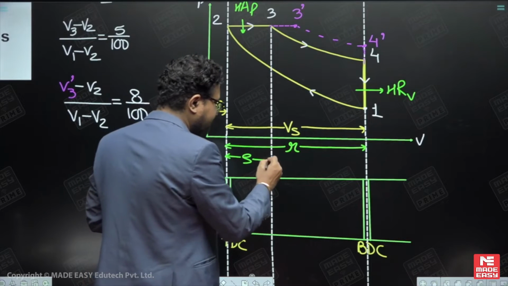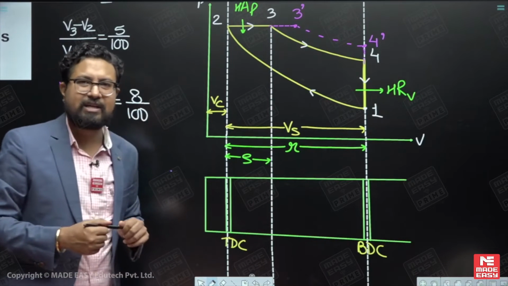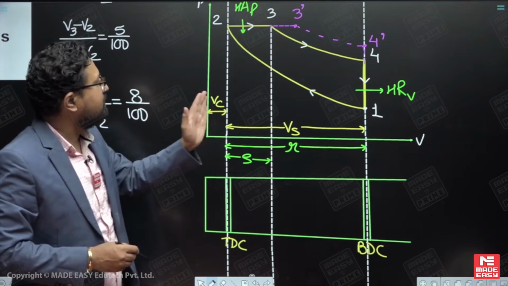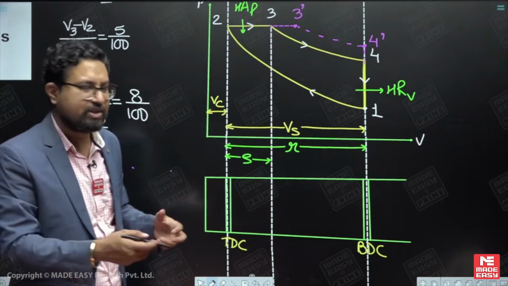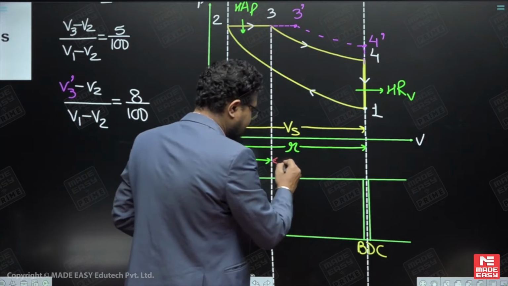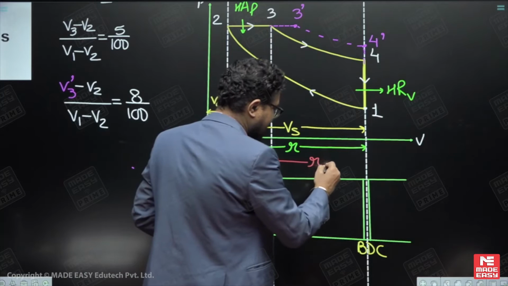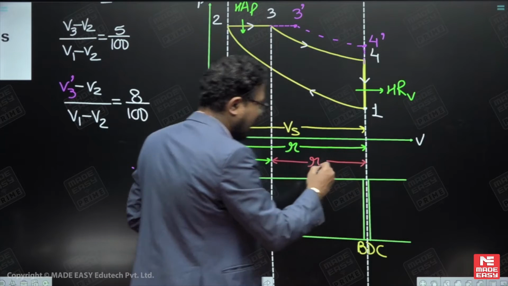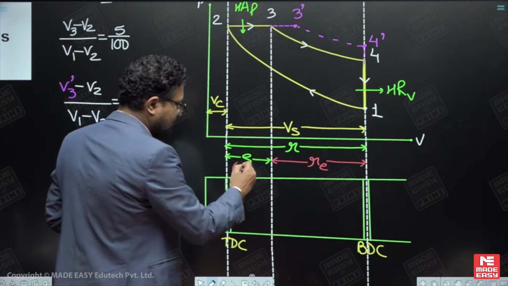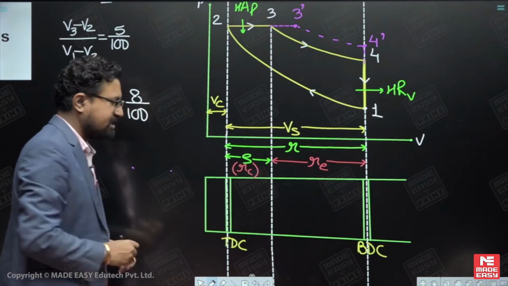I am denoting it with rho. Somewhere it is written as RC, cutoff ratio. Fine. So from 3 to 4 is the expansion ratio, and I am denoting this as RE. This is the expansion ratio. So this is rho, or somewhere it is also denoted as RC.